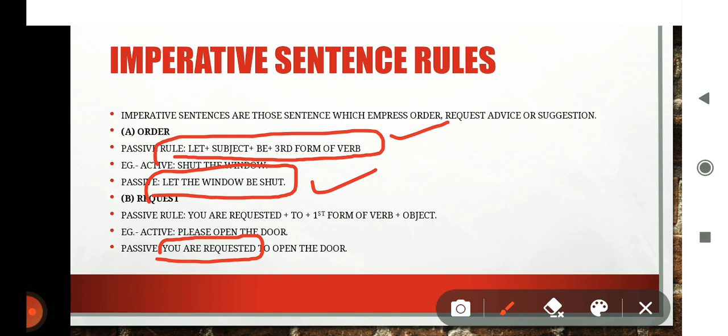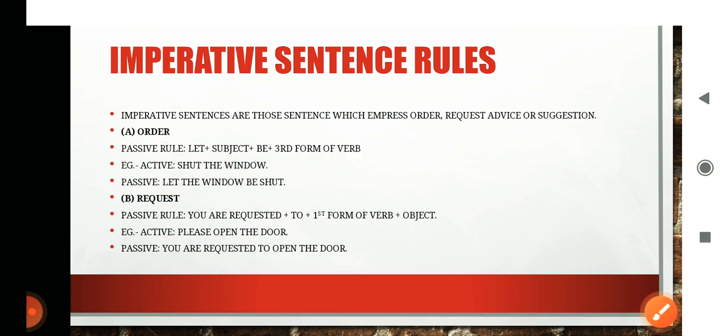So while converting a request to a passive sentence, keep in mind that you will use the words you are requested along with the object. You are requested to open the door. Alright, let us move forward.